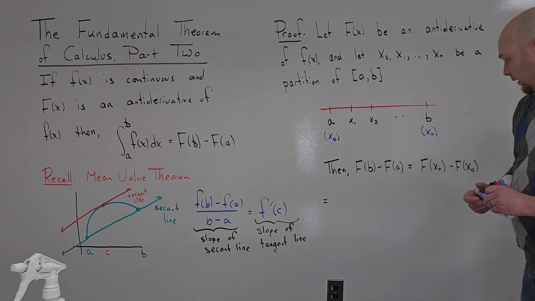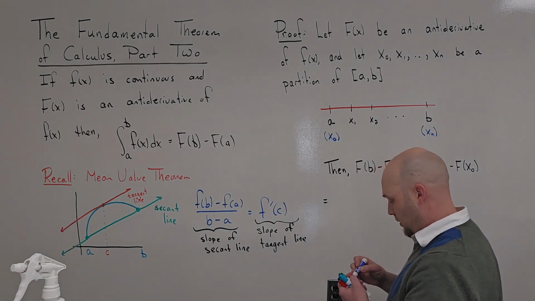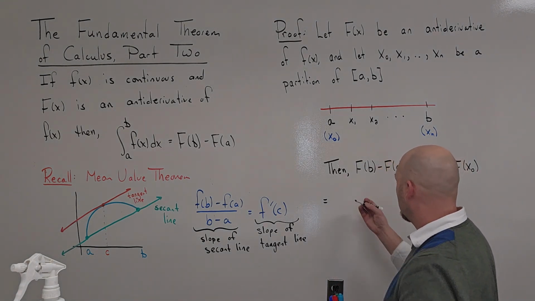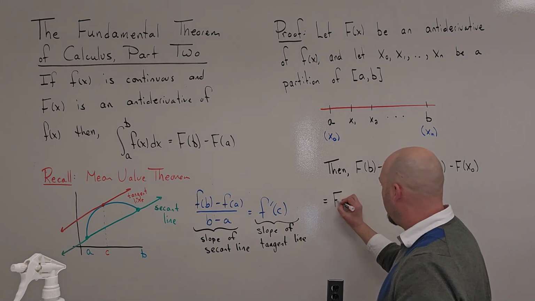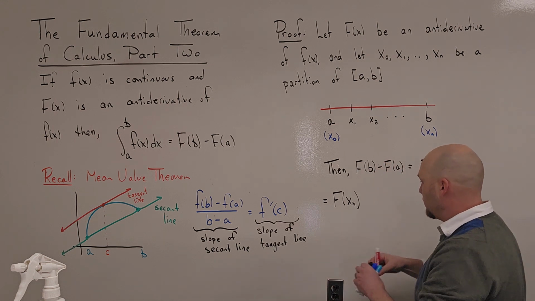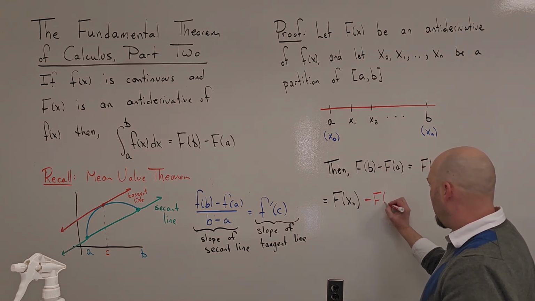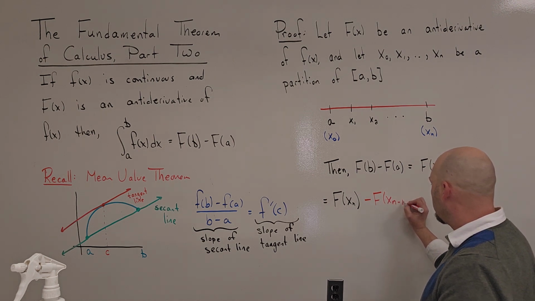Now what I'm going to do is introduce a bunch of terms here. Let me do it in a different color. Okay, I've got f of xn. Then I'm going to introduce minus f of xn minus 1.